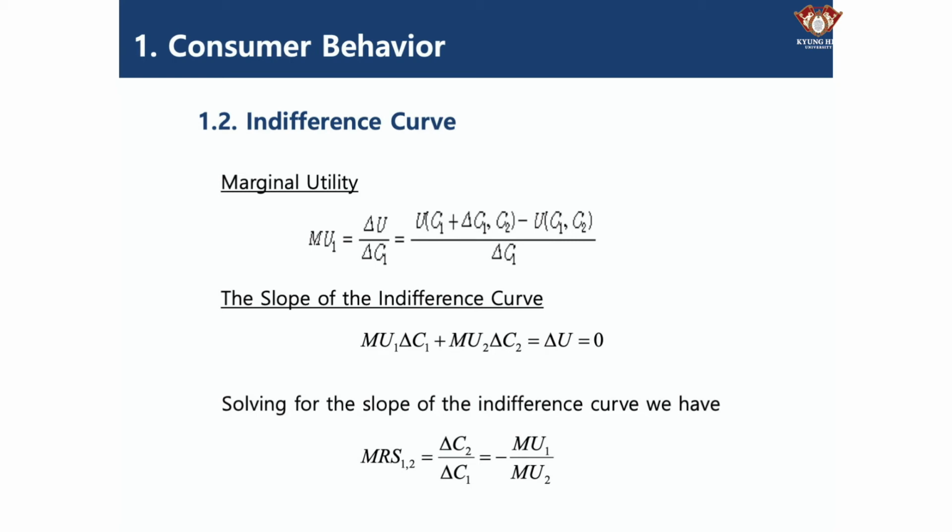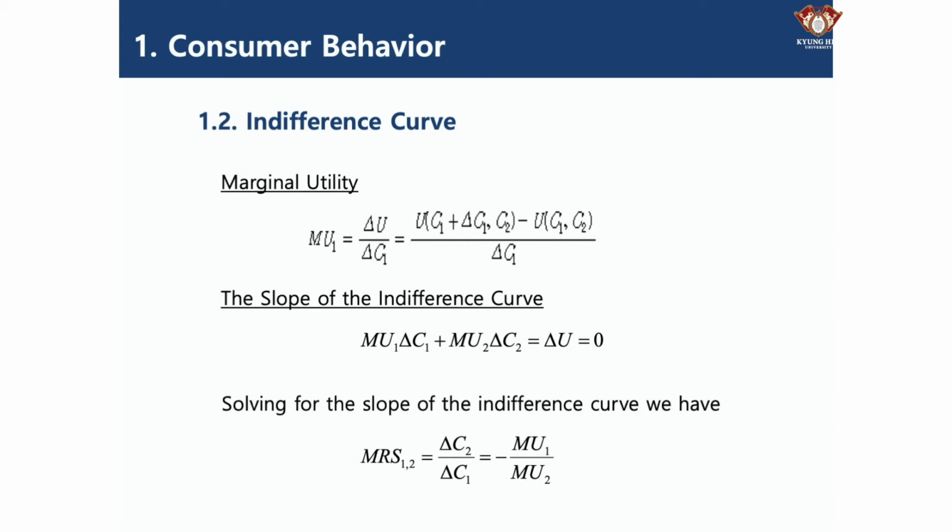So MU1 is the partial derivative of total utility with respect to C1. The slope of the indifference curve is like this: MU1 times the change in C1 plus MU2 times the change in C2 is equal to zero, the same utility. Solving for the slope of the indifference curve, we have MRS equal to like this.